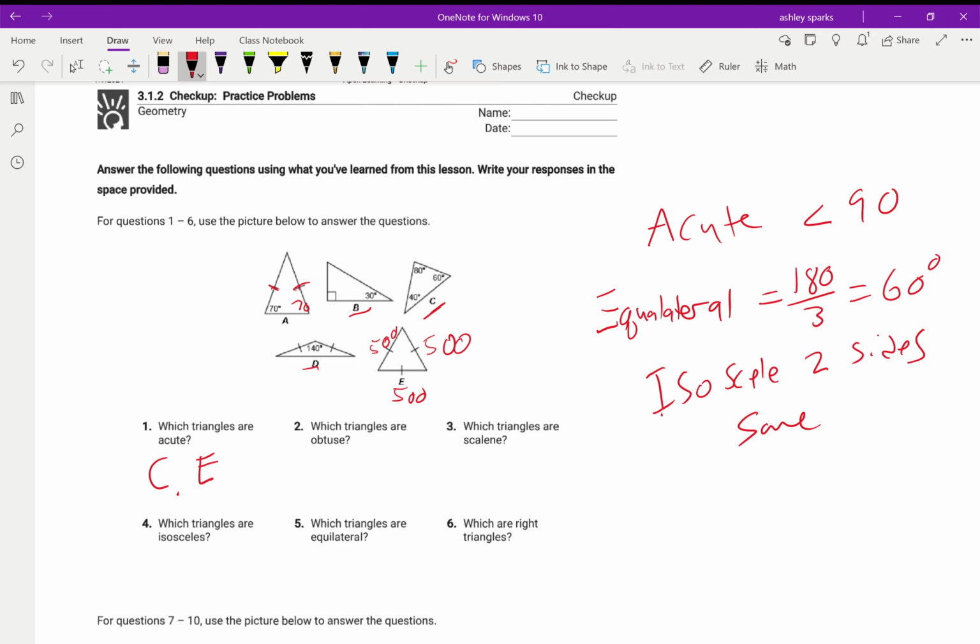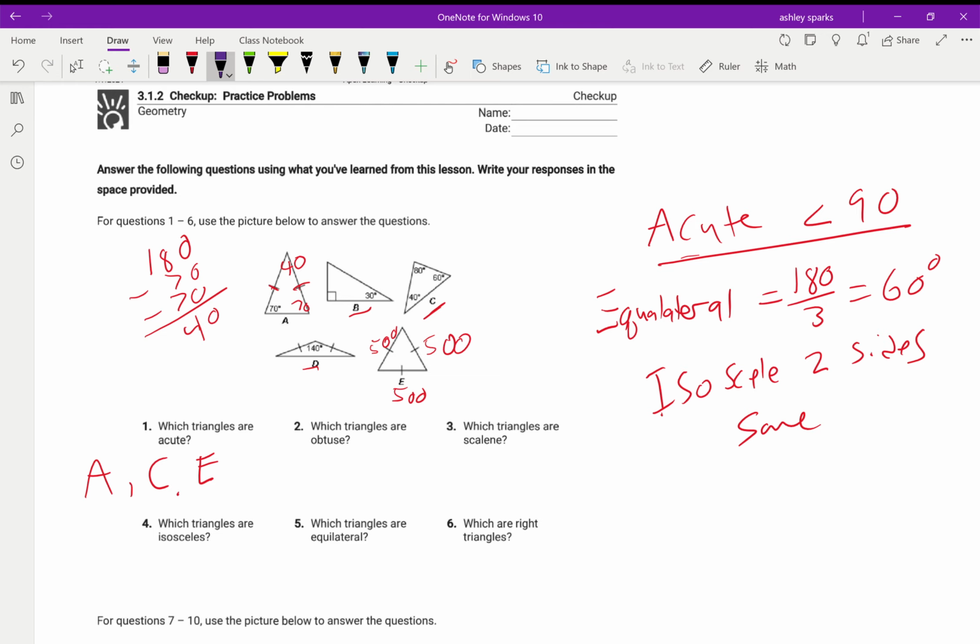Then if I want to find out what that last angle is, I'm just going to use the fact that I know all triangles add up to 180 degrees, and I'm going to subtract out those 2 70s I've already used, which would leave me with 40 degrees up at the top here. Which means 40, 70, and 70 are all less than 90, so we have another acute triangle.